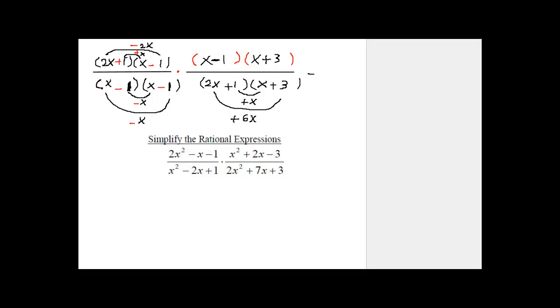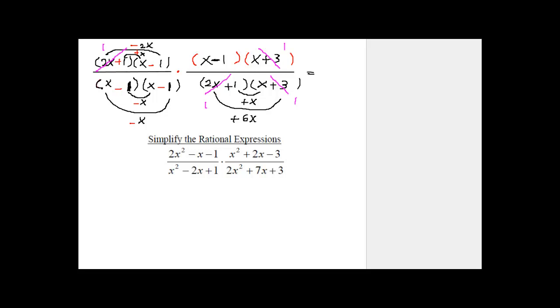The next step is to reduce this. Let's see, we have 2x plus 1 here. That 2x plus 1 and 2x plus 1 reduces to 1. So let's do that. So this would be 1. This would be 1. And we have x plus 3, and x plus 3 turns to 1.